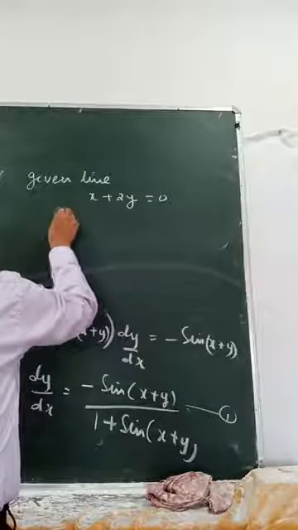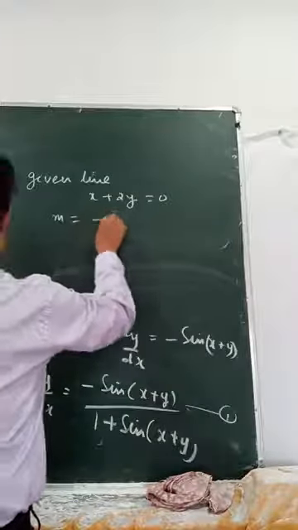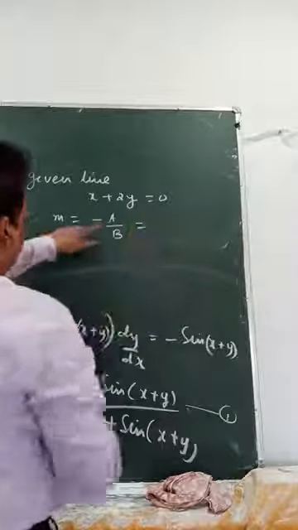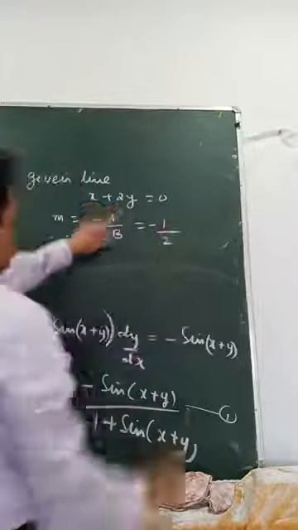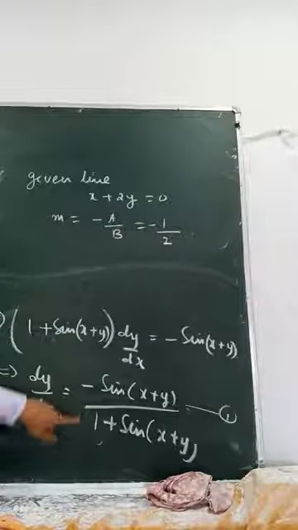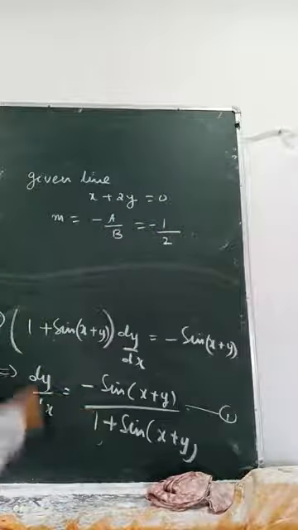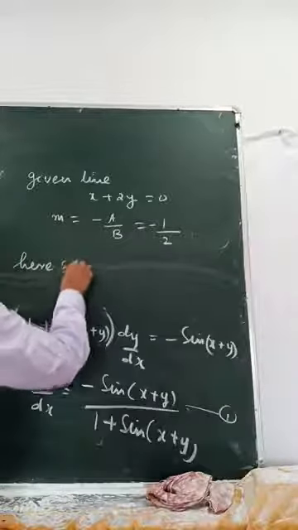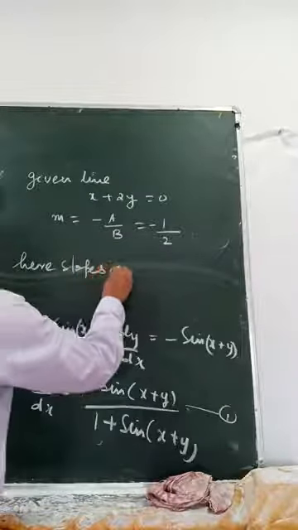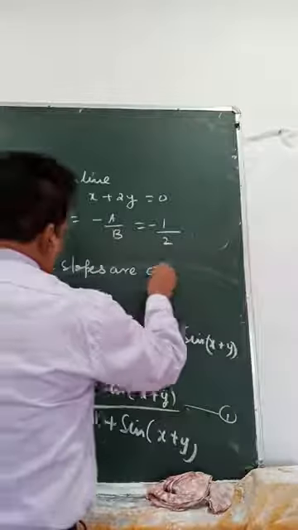So m, the slope, is minus a by b, where a is 1 and b is 2. Now because they are parallel, the slopes will be equal.